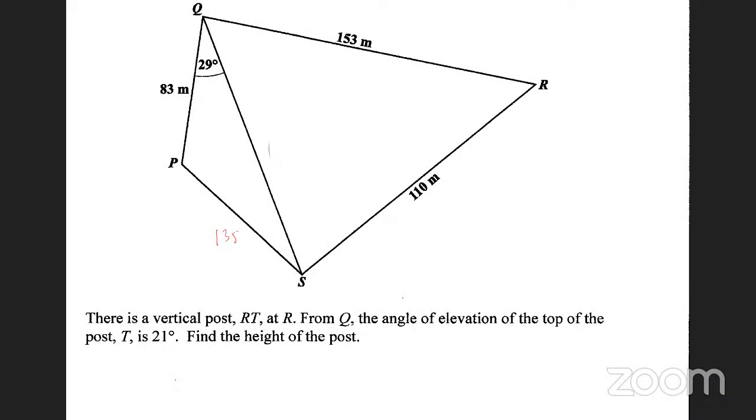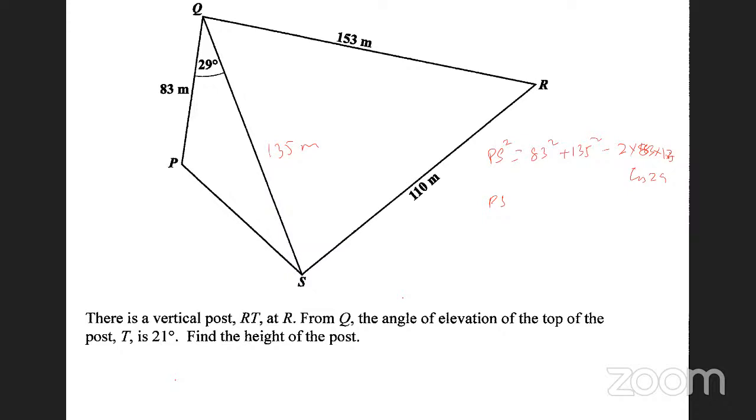So they want us now to get this length here. So we have more lengths than angles in non-right angle triangles, so we're using cosine rule. So PS squared is equal to 83 squared plus 135 squared minus 2 by 83 by 135 cosine 29, right?